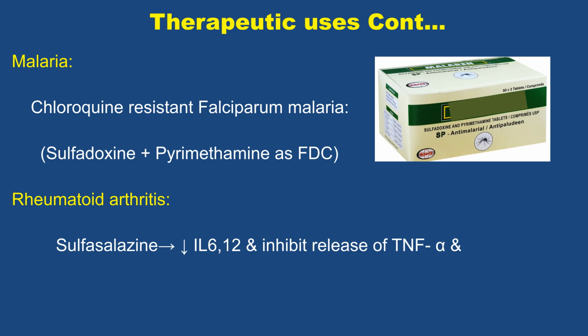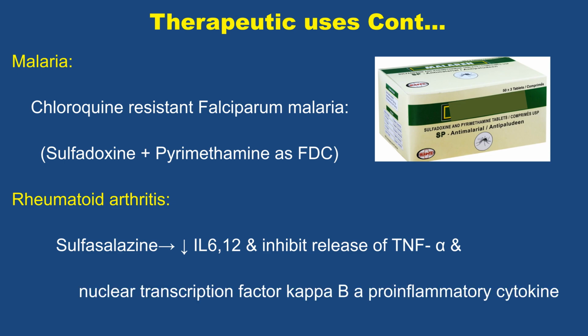So sulfasalazine decreases interleukin 6, 12, and also inhibits release of tumor necrosis factor alpha and nuclear transcription factor kappa, pro-inflammatory cytokines which are mainly responsible for rheumatoid arthritis. So sulfasalazine can be effective also in the treatment of rheumatoid arthritis.